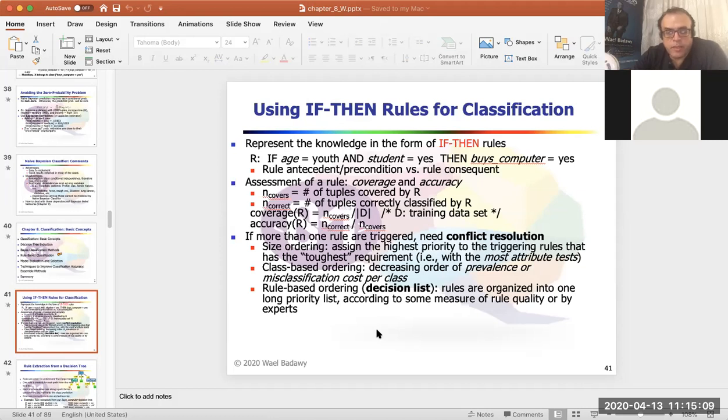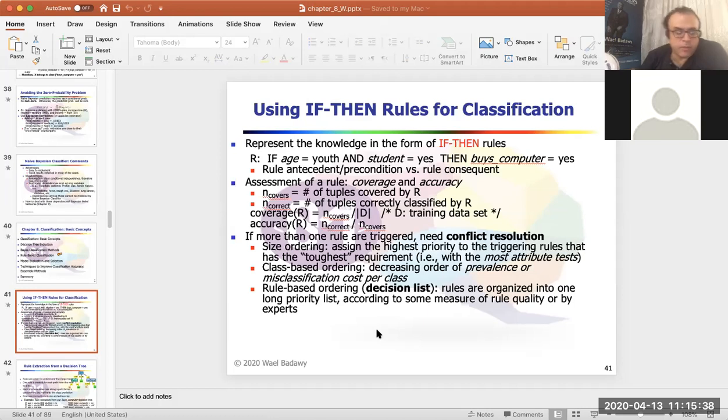The issue with rule-based classification is that you may have more than one rule which conflict, or more than one rule that does not trigger the same way. If you use rule-based techniques, you will have a rule list, and the list can describe priorities of which rule has to be applied first.